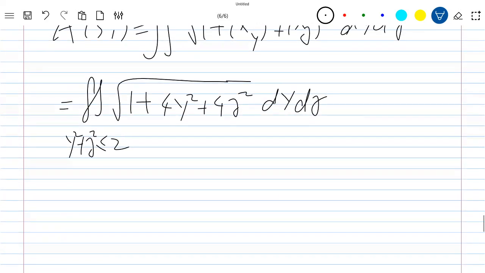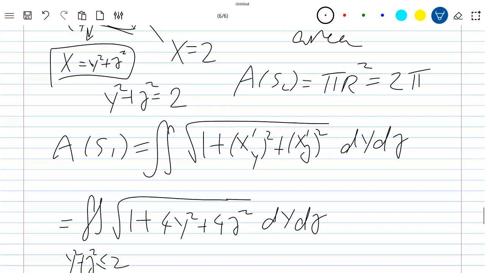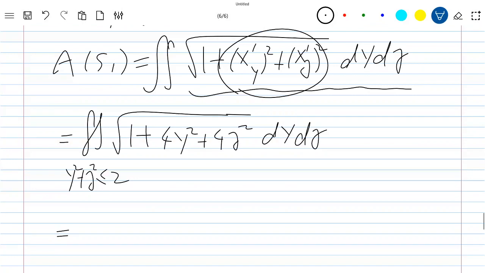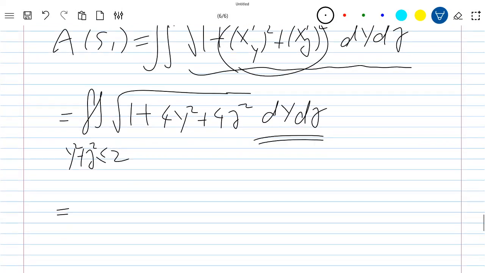Okay, so now we switch to polar coordinates. We don't switch it here because when you write down polar coordinates, you don't know what is this guy, right? So we use y and z at this stage. Then we switch to polar coordinates after we write down the integral.